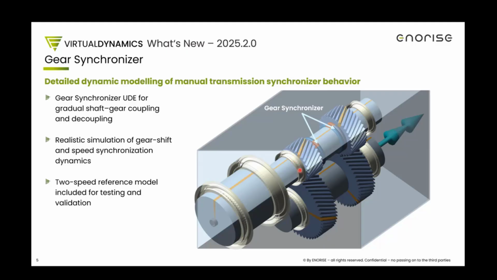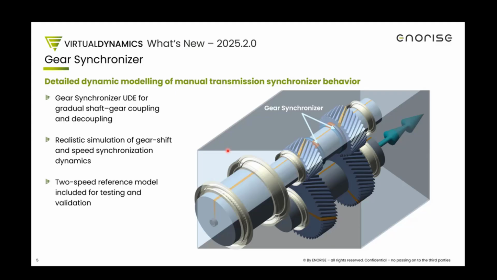The dynamic behavior of this entire engagement or disengagement process, including timing effects, delays in the system, different ramp characteristics of how fast you engage or disengage, all of this can now be accurately modeled using intuitive parameters. The dog clutch part itself is modeled as a torsion spring damper system.